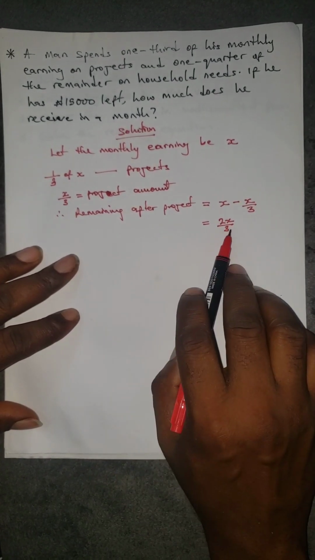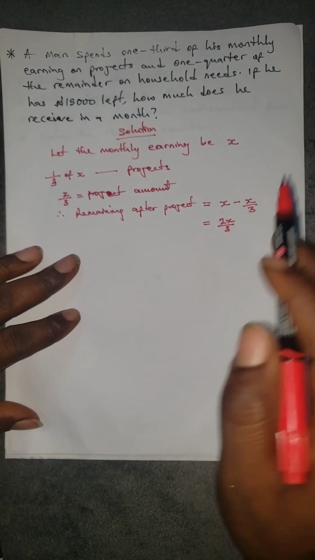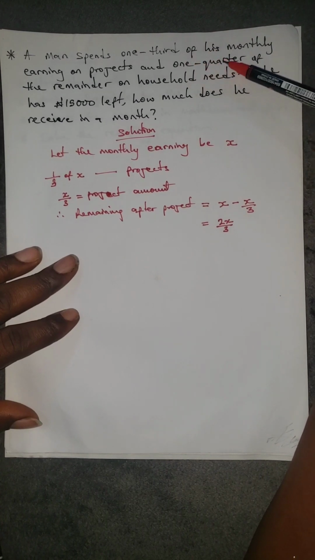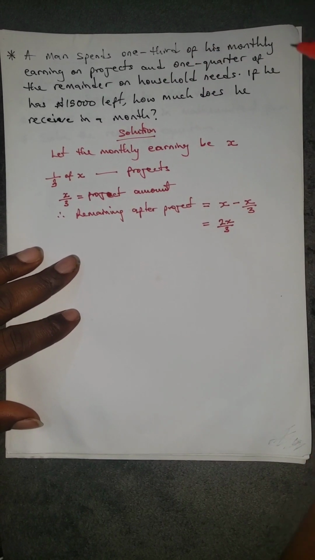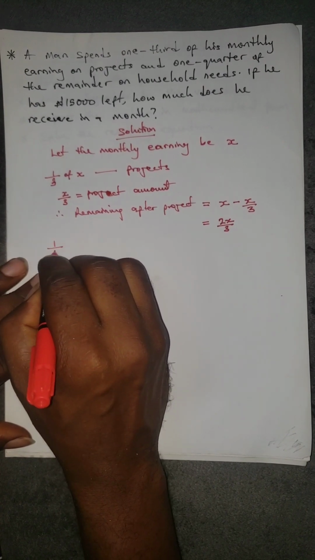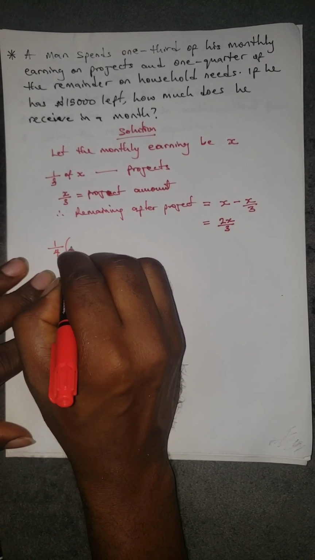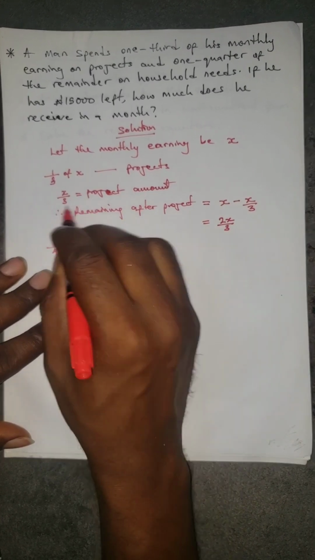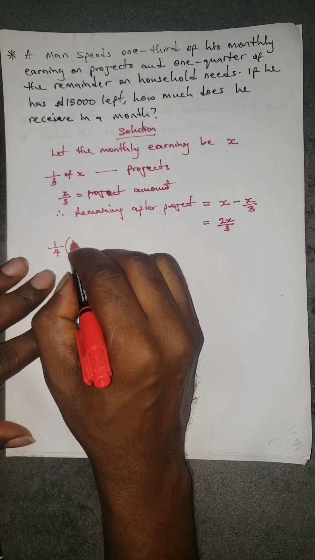Now, the problem did not stop there, because they now say that one quarter of the remainder is spent on household. That means he spent one quarter of the remainder, and 'of' means multiplication. So that's why I'm using a bracket already.